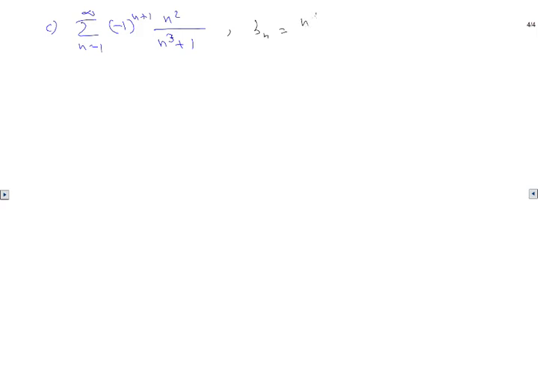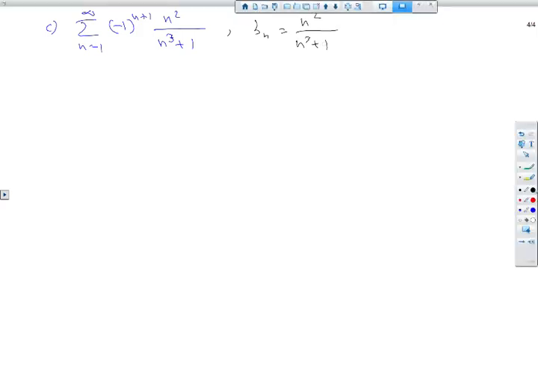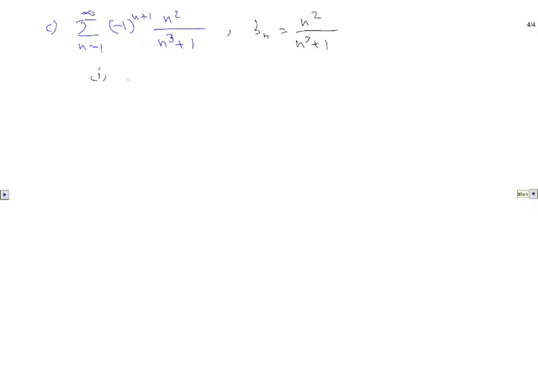Bn is n squared over n cubed plus 1. So let's look at the steps. The first one, the limit as n goes to infinity of Bn, which is the limit of n squared over n cubed plus 1.